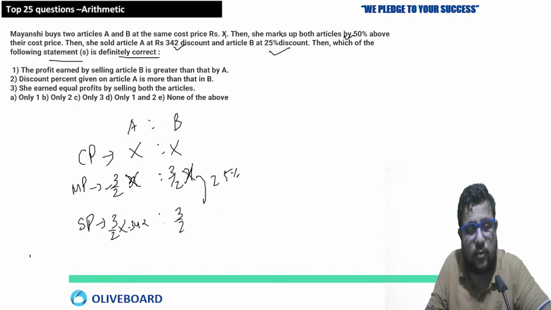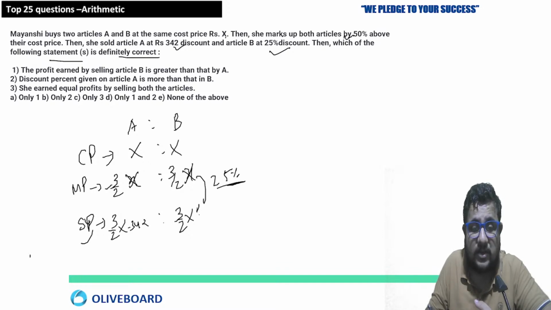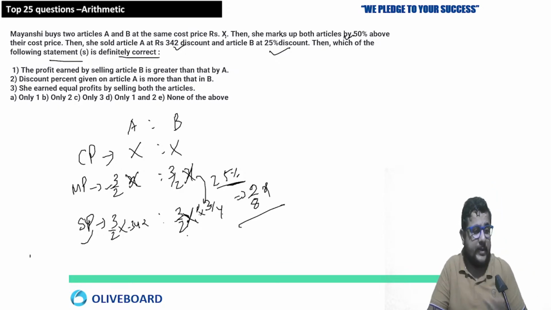So 3 by 2x. 25% discount means 3/4. Now selling price will be 3/4 of the marked price. So multiply 3/4 here, and when you multiply, it will become 9 by 8x after the discount. So now this is what is given here.